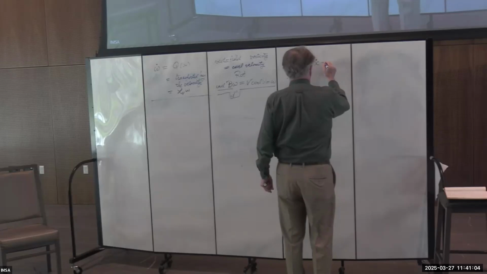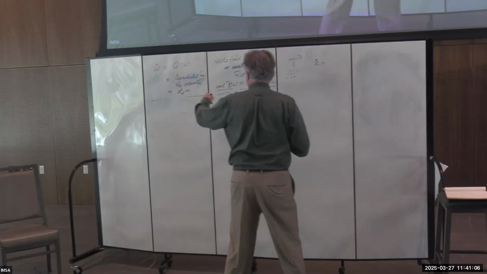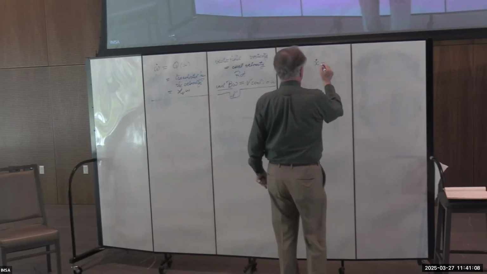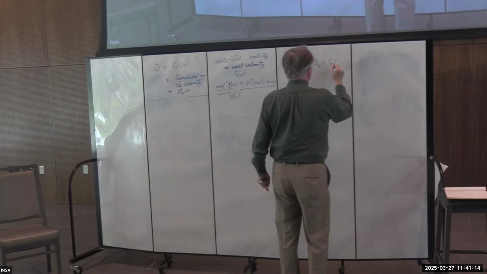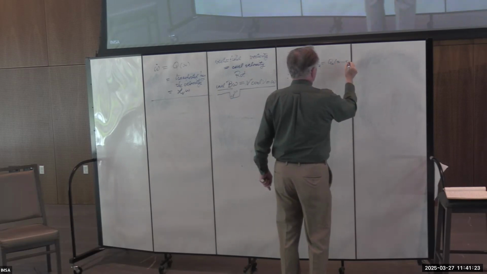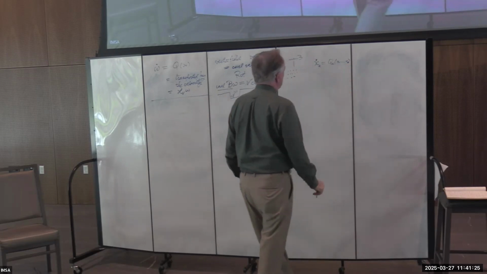These components would have indices alpha, and we would have quadratic functions in the components x1 up to x3 billion.